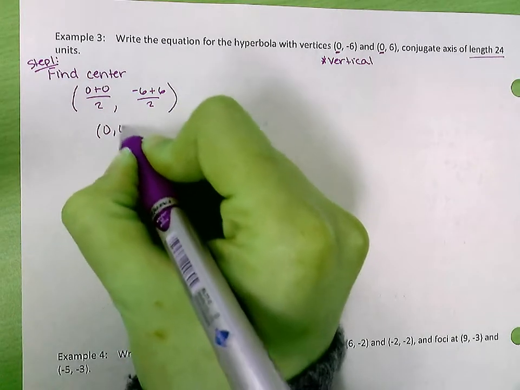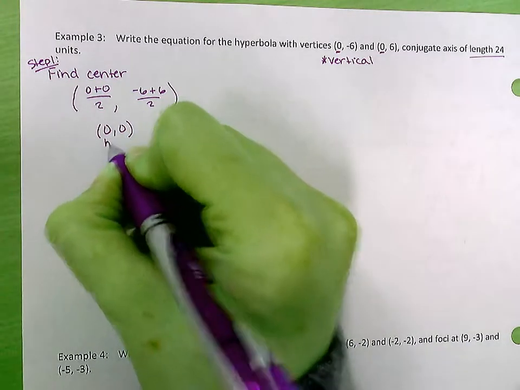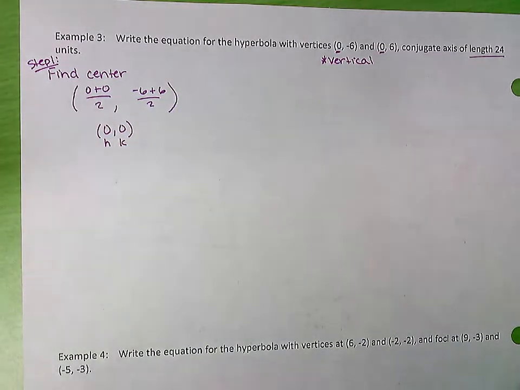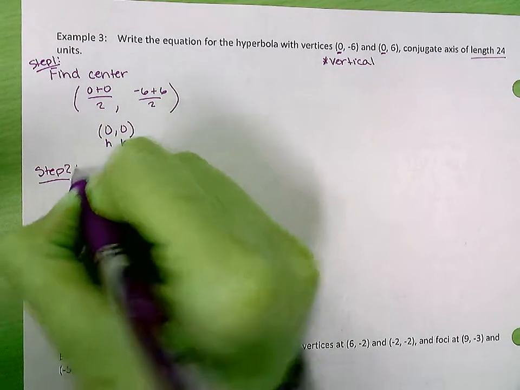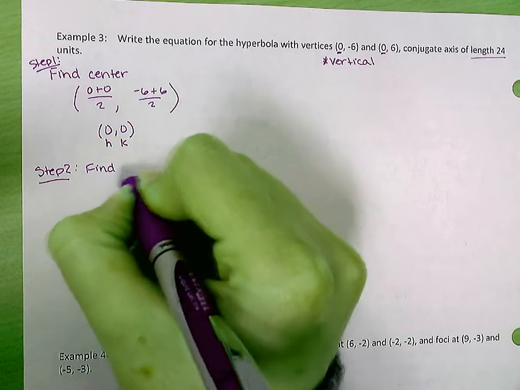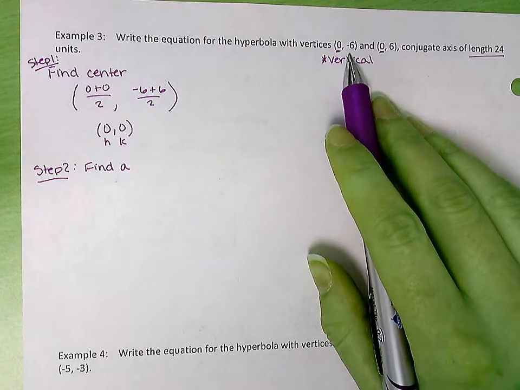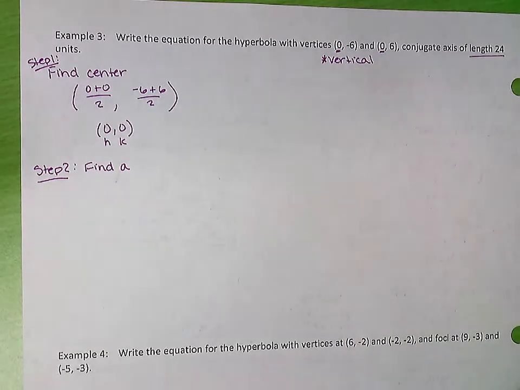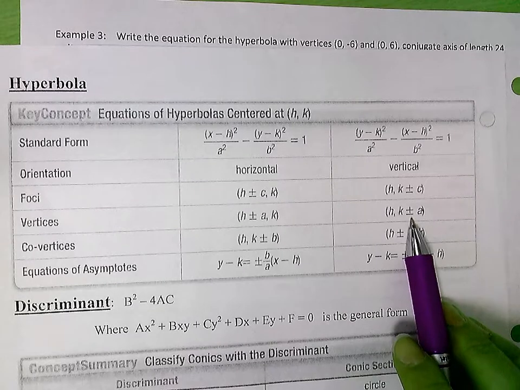So again, my center is at 0, 0. That's your H and K. Step 2, again, find A. To find A, we need to look at our vertices. Since it is vertical, we're looking at this piece right here.